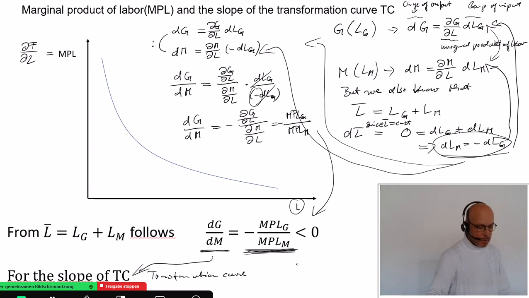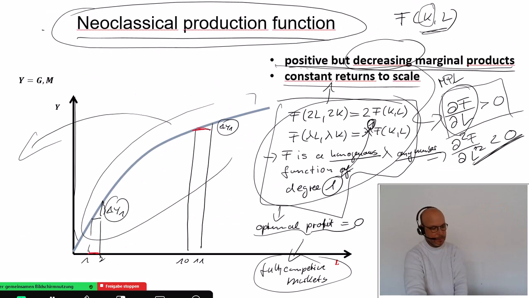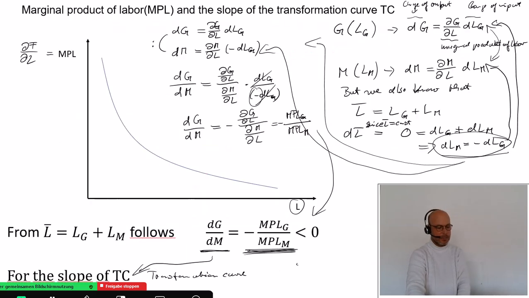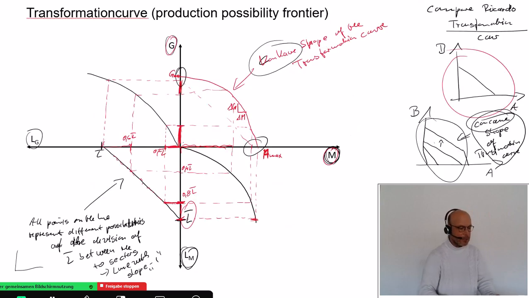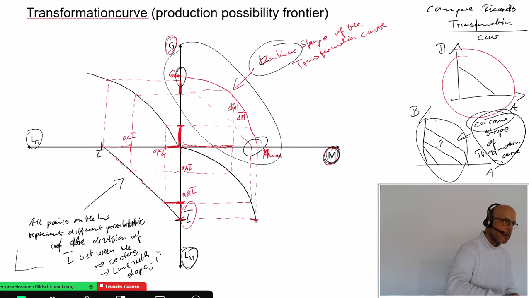We know again the first derivative of our production function is positive. So this is a positive number, this is a positive number with a minus sign in front of this. This has to be a negative number. So this is what we want to have. Of course, here this is a downward sloping function. So the derivative of this function, dG over dM, has to be negative.